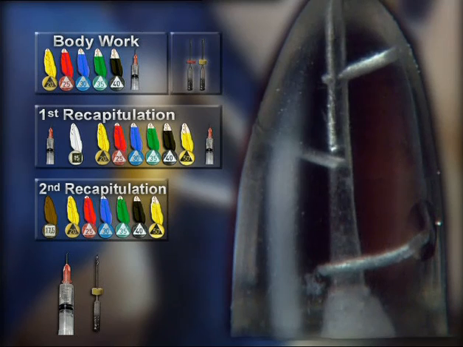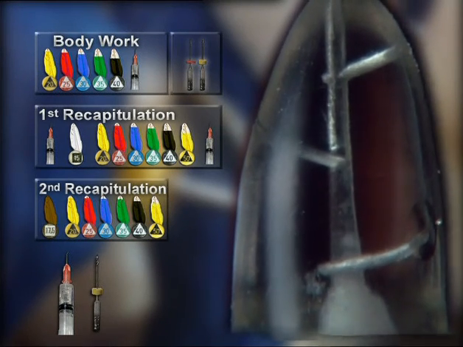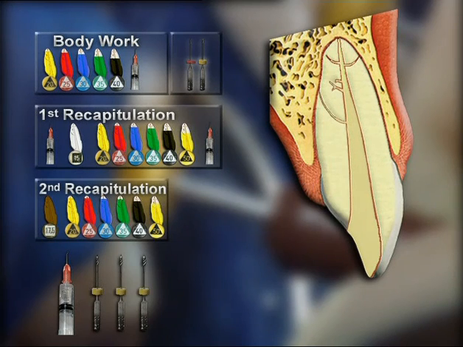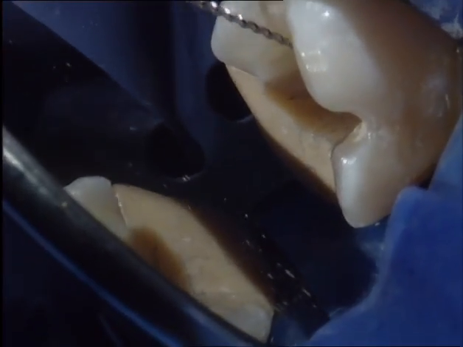Gates Glidden drills are used again to brush the walls in the cervical third and to continue to blend the shape of the apical third with the coronal third. If the desired shape has not been achieved, more recapitulations are necessary.